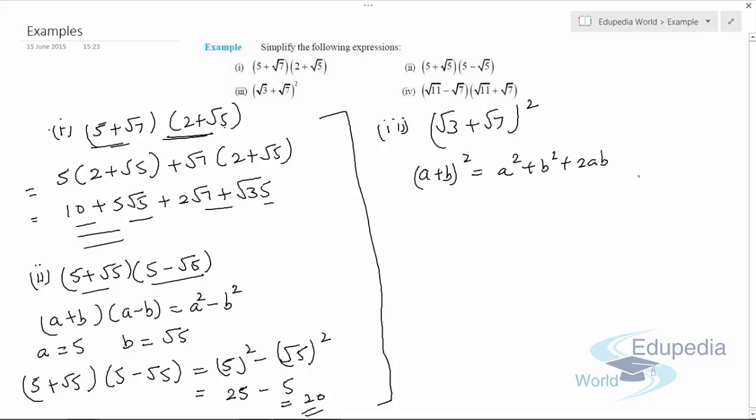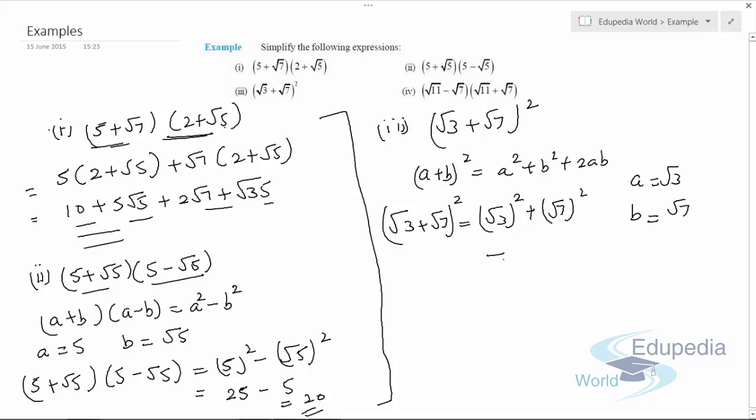Now the a in this question is √3 and b is √7. So this means (√3 + √7)² can be written as (√3)² + (√7)² + 2 into √3 into √7.